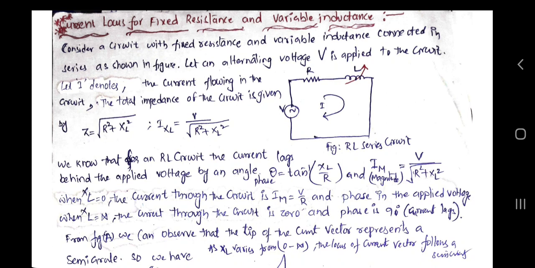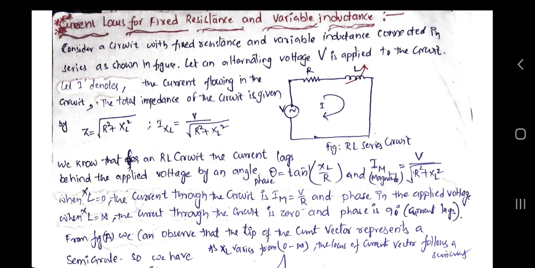Now we are going to draw the locus diagram for the given RL circuit with fixed resistance and variable inductance. Variable inductance means there is an arrow mark across the inductor, so it may be varied, but the resistance will be fixed.